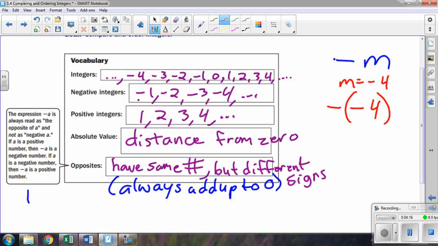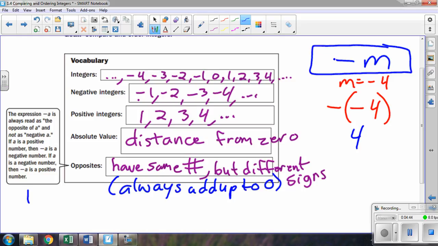When we have this piece up here in the blue, instead of reading that -m, you should say opposite of m. Because we don't know that it's a negative number. If you say -m, it makes it sound like you know it's negative. And that might not be true, as this instance in the red would show us. What is the opposite of -4? Positive.